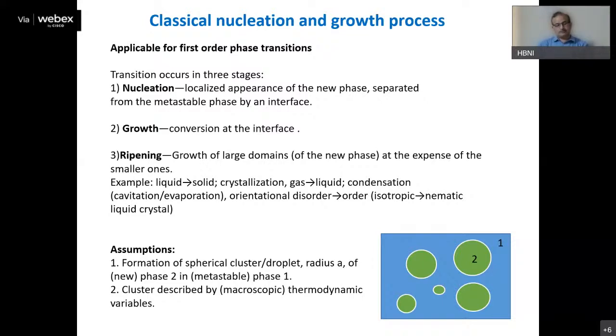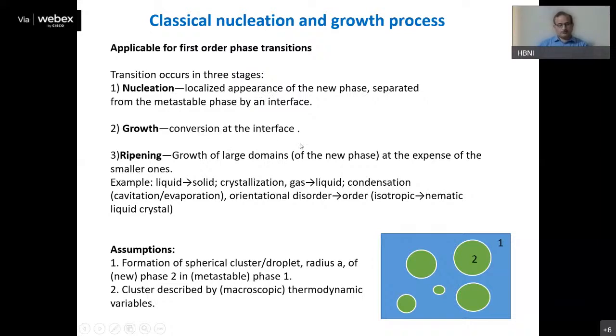There will be some critical radius of the nucleus above which it will grow, and those nuclei which are randomly formed because of thermal fluctuation but which have lower radii than the critical radius will perish. And as soon as you have some suitable nuclei, it will grow.